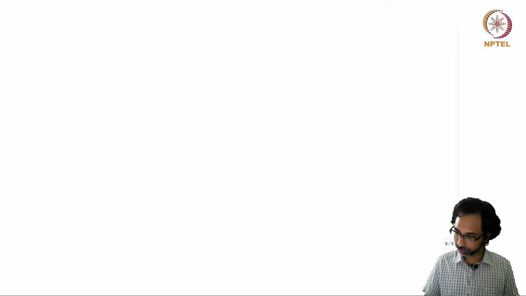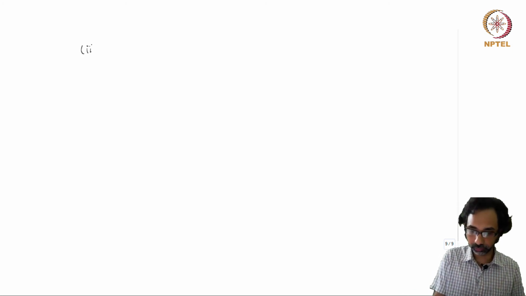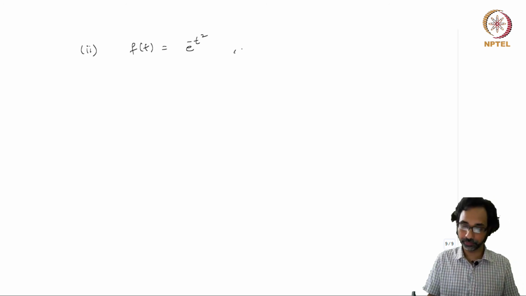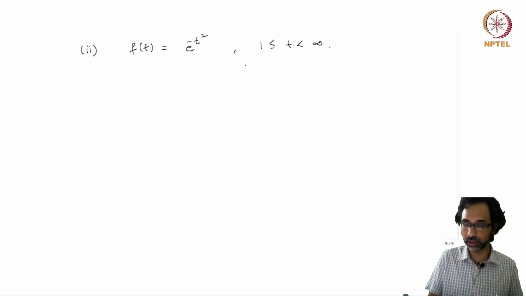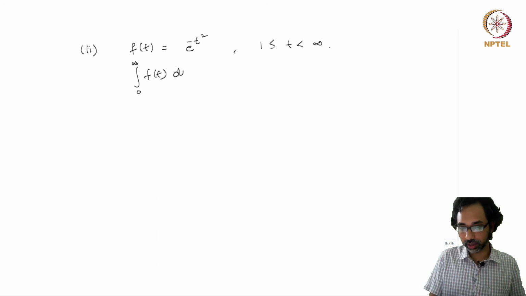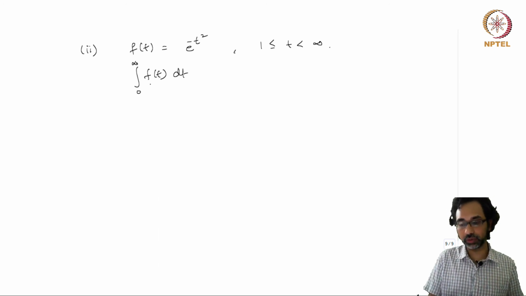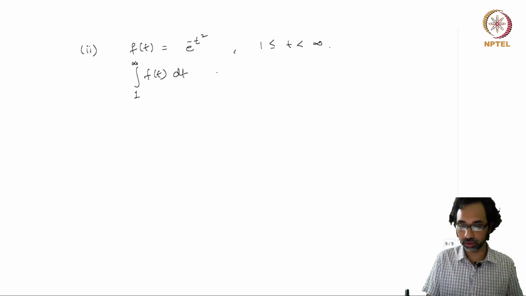Another example is as follows: f(t) equals e to the power minus t squared, for 1 less than or equal to t less than infinity. So let us see whether this integral from 1 to infinity of f(t) dt exists or not.